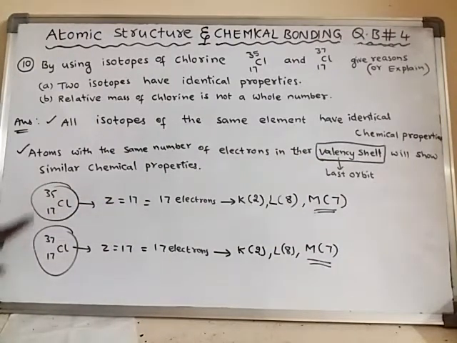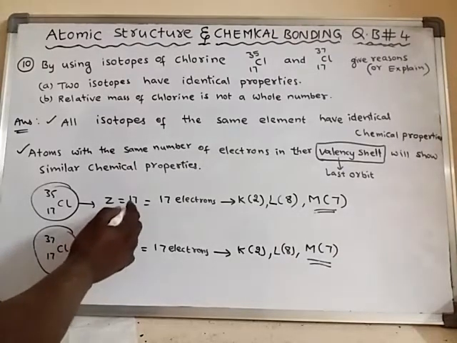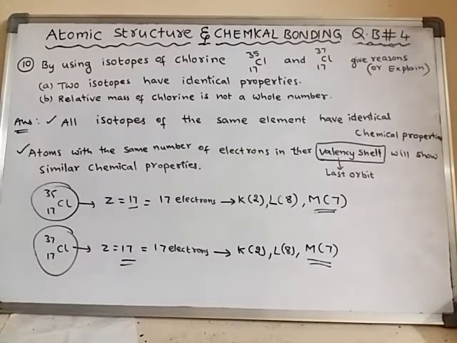Hence, these two atoms will show similar chemical properties. These two atoms also have the same number of protons. How many protons? 17. Electrons are also in the same number. They have the same electronic configuration.